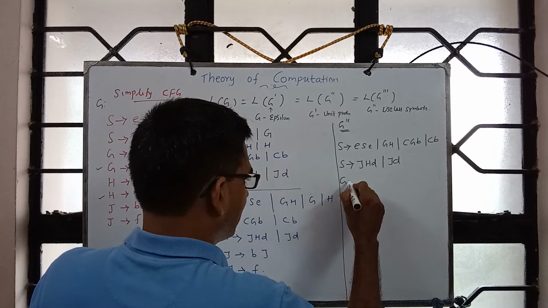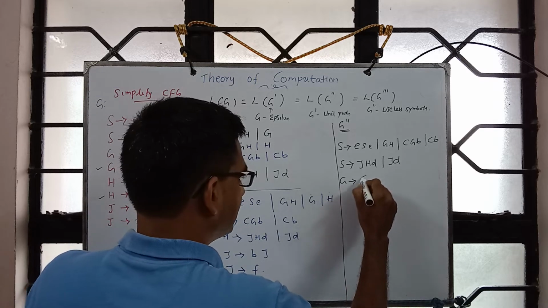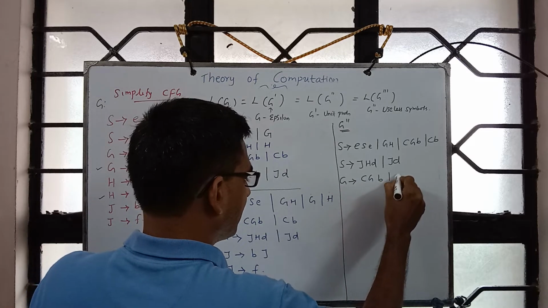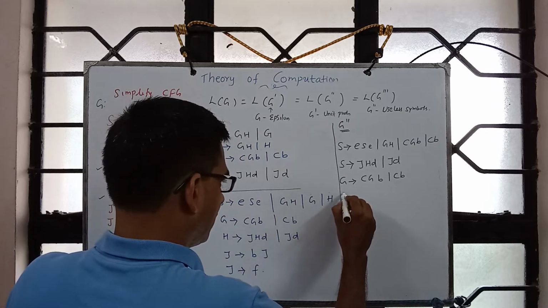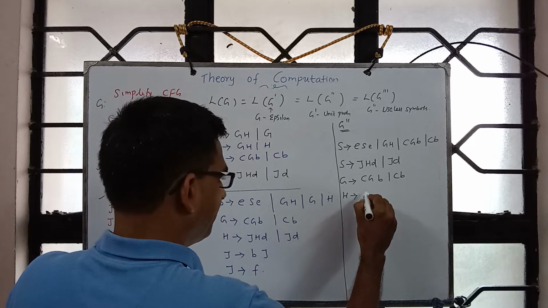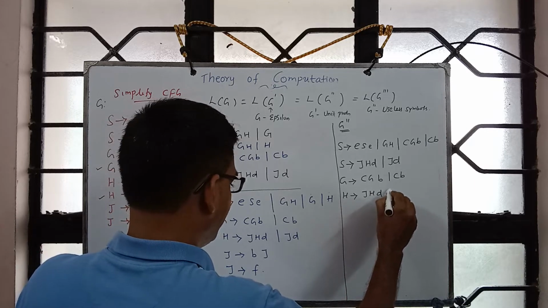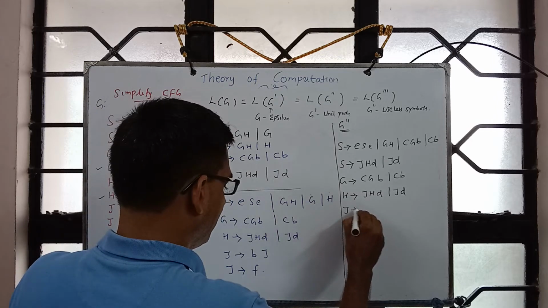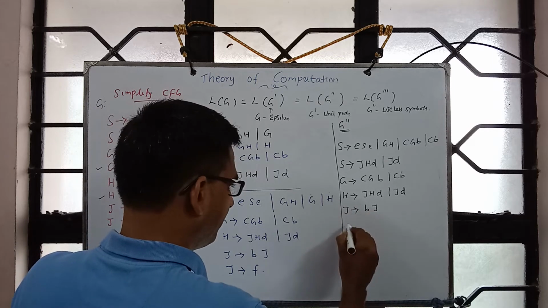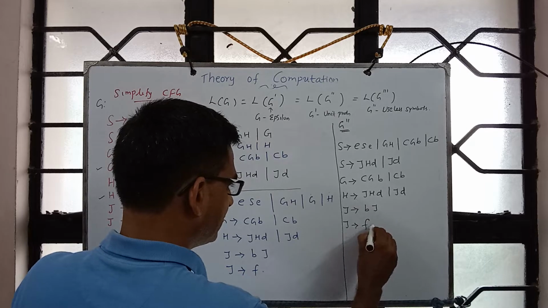And other productions are G implies CGB or CB, and H implies JHD or JD, J implies BJ, J implies F.